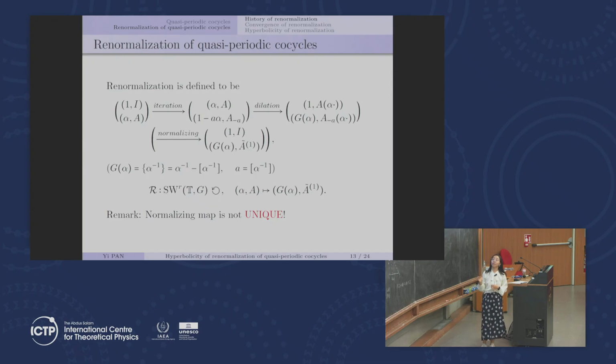And then accordingly, the commuting pair guarantees automatically that A tilde 1 is one-periodic. And that's how we define the renormalization operator. And the point is, the normalizing map is not unique, and that also can bring quite some trouble.